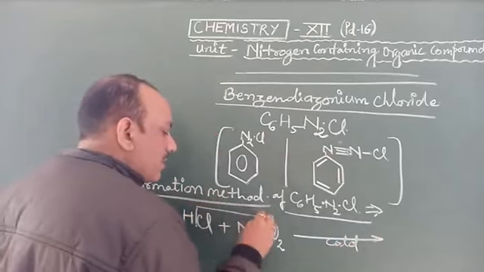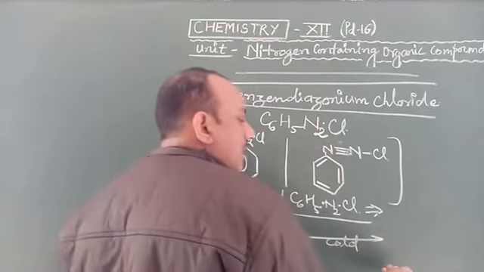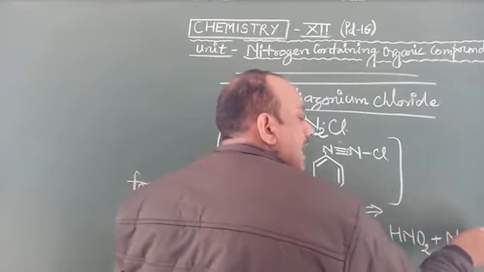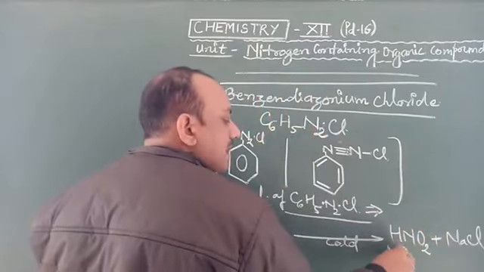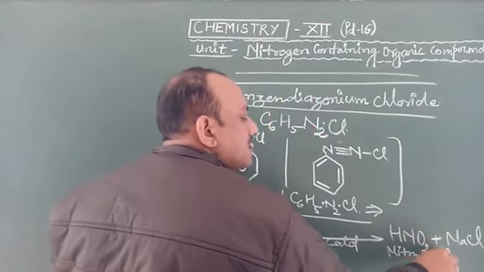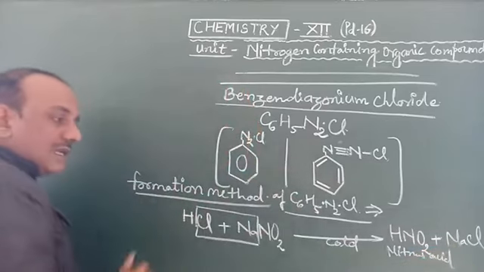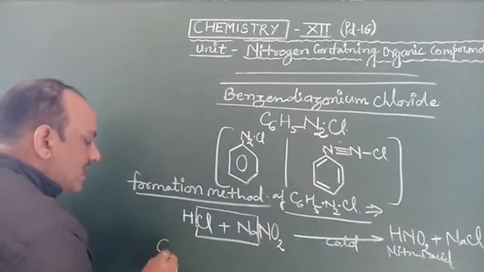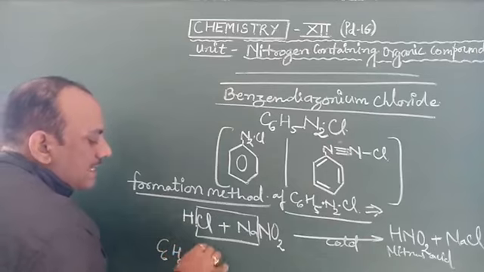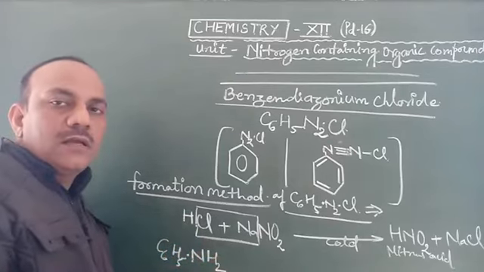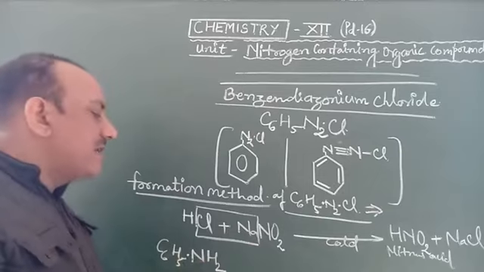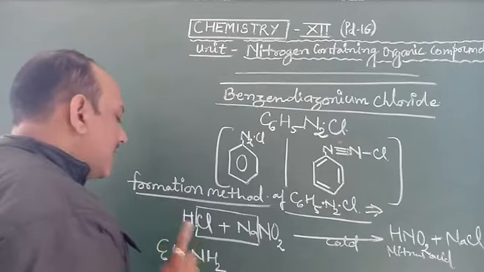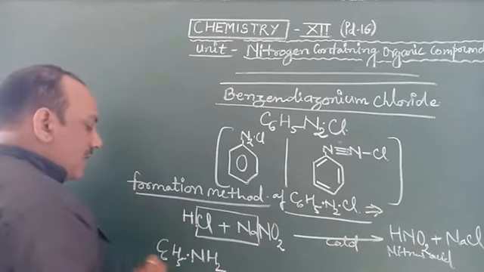It gives sodium chloride and produces nitrous acid HNO2 plus NaCl. This acid is known as nitrous acid. Then another step, the aromatic amine C6H5NH2, also known as aniline, because in the previous class we studied its chemical reactions. So aniline is the aromatic amine compound.